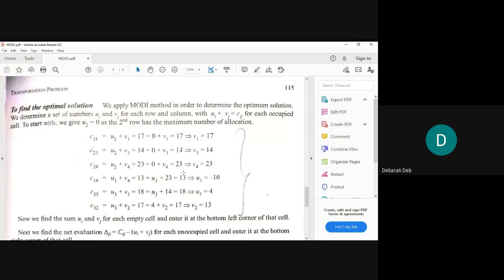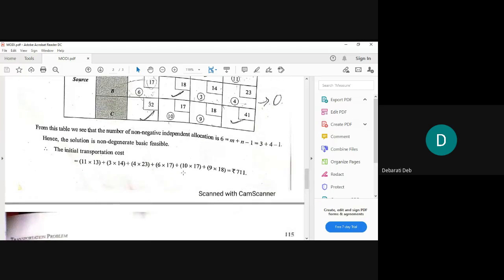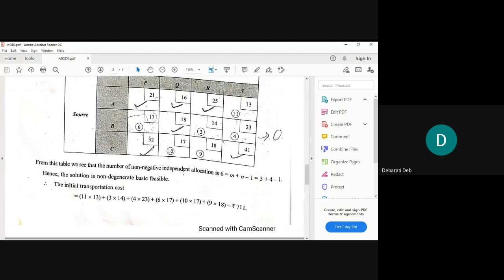Okay. Next, which is the next allocated cell in the second row? It is C24, right? The next allocated cell is C24. That means the second row, fourth column.